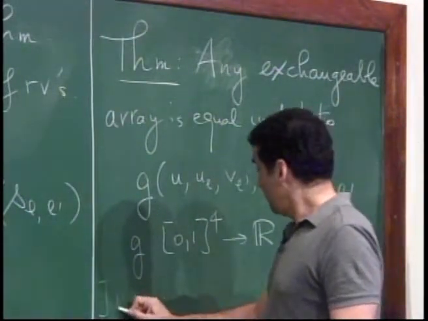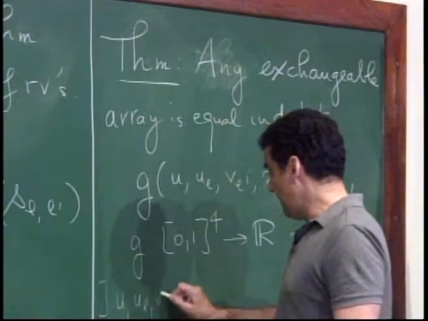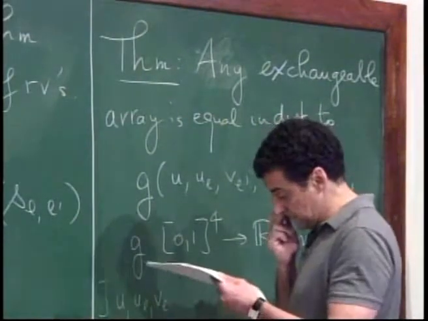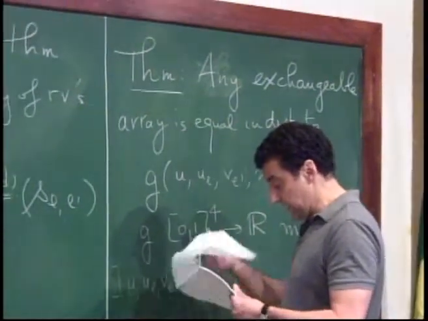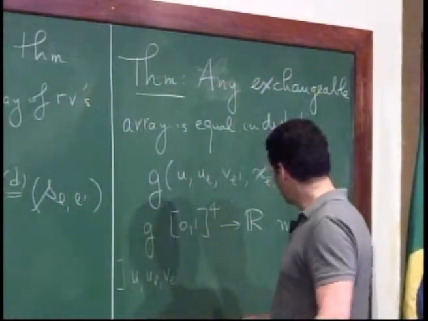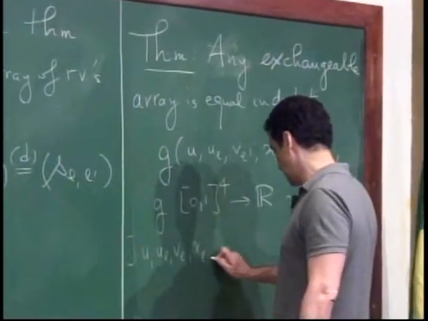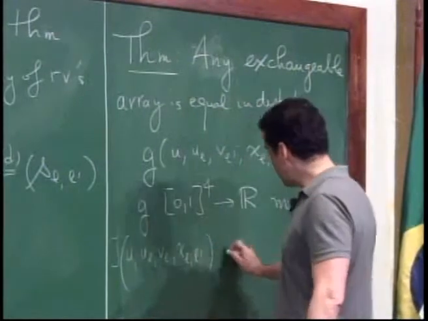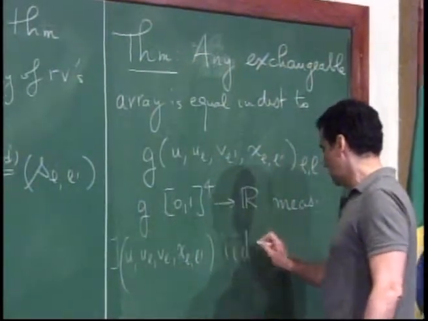Where now the U, the U_ℓs, the V_ℓ', and the X_{ℓℓ'}s are all IID uniform.